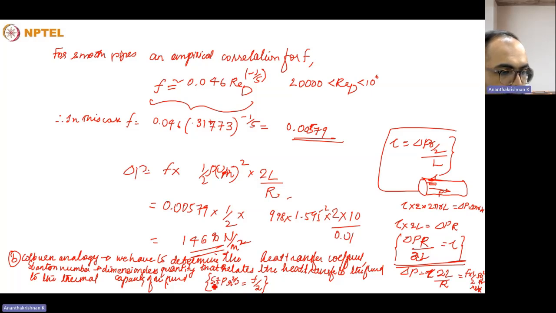The Stanton number is the dimensionless quantity that relates heat transfer to the thermal capacity of the fluid. The Prandtl number is momentum diffusivity divided by thermal diffusivity. So the Stanton number we can write as the heat transfer coefficient into area divided by m dot Cp.